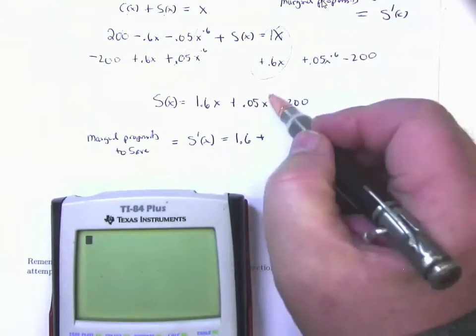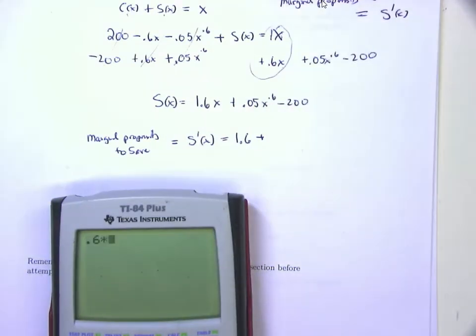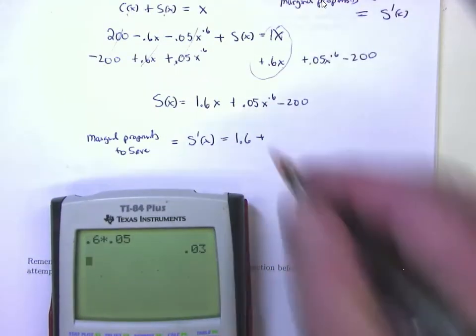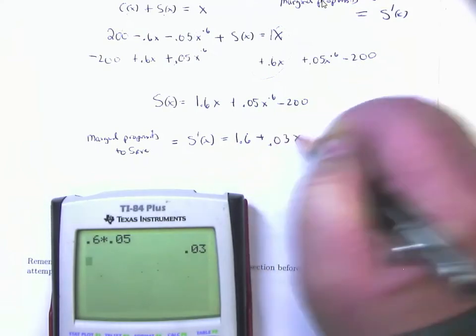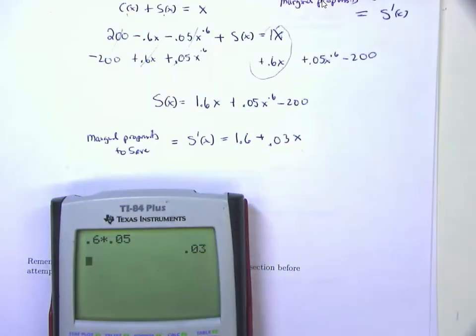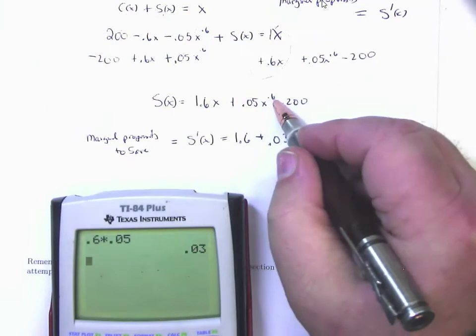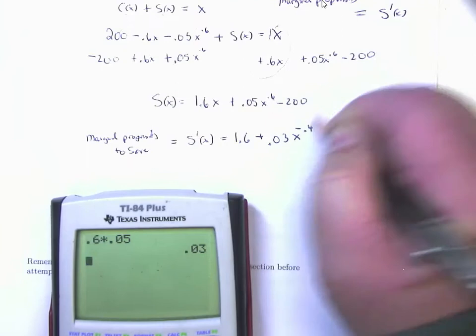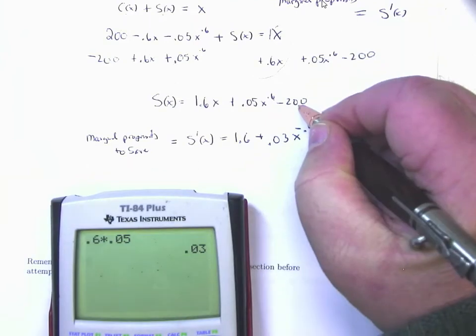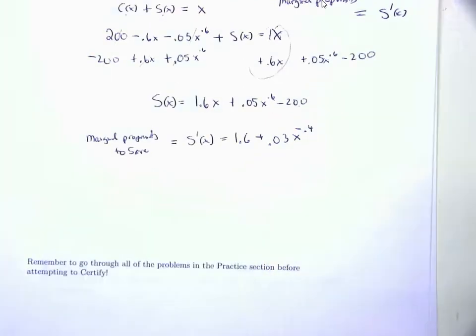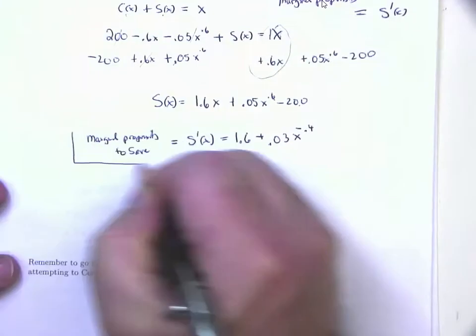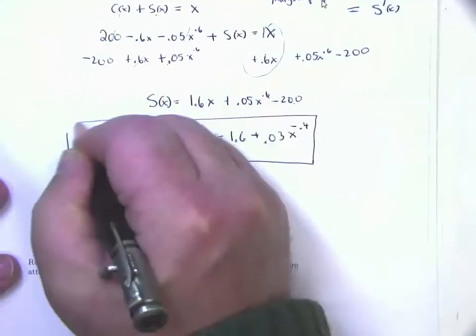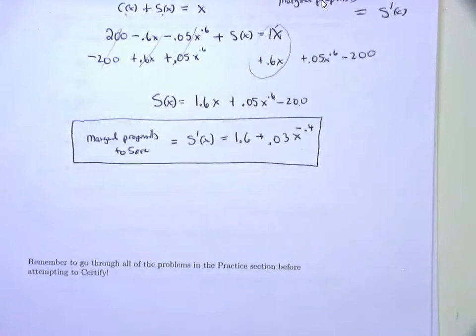You bring down your 0.6, and 0.6 times 0.05 is 0.03. X to the what? Subtract 1 from the exponent. What is 0.6 minus 1? Negative 0.4. And the derivative of minus 200 is what? 0. And this is the formula for the marginal propensity to save, S prime of x, in this classic formula.